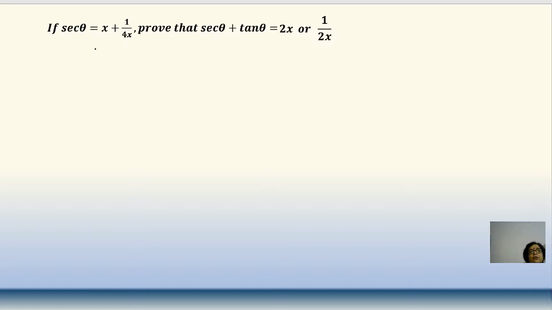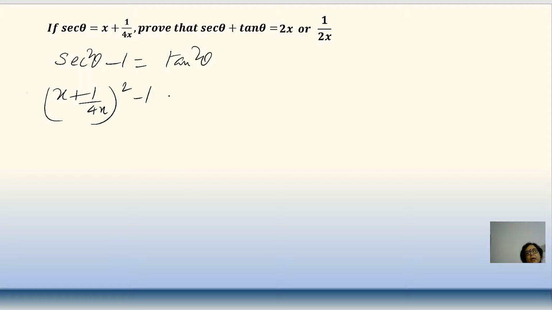So what we are going to do is we will take the help of the identity over here, and we will write here sec square theta minus 1 is equal to tan square theta, the second identity. So now replacing sec square theta by x plus 1 by 4x the whole square minus 1, this is equal to tan square theta.